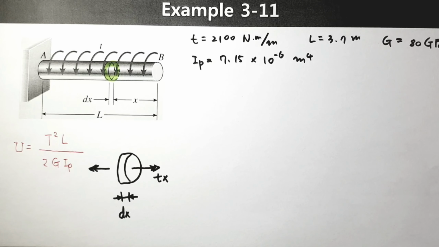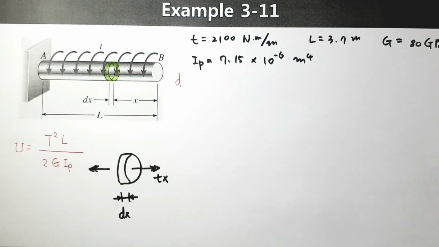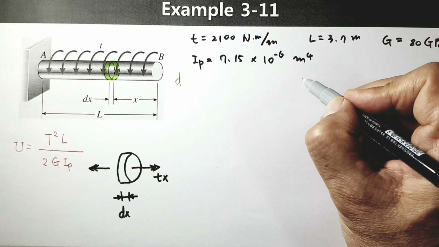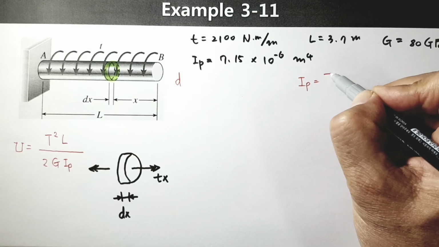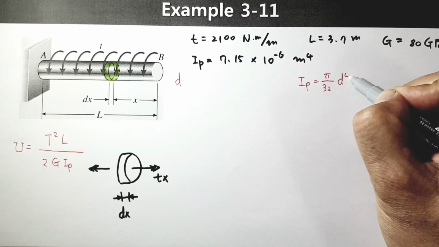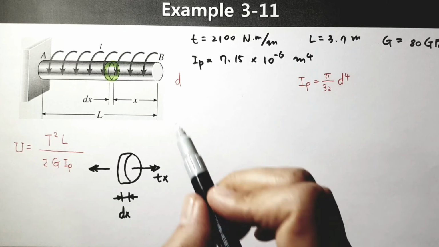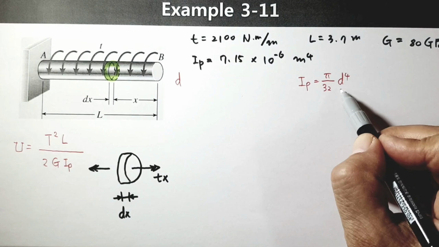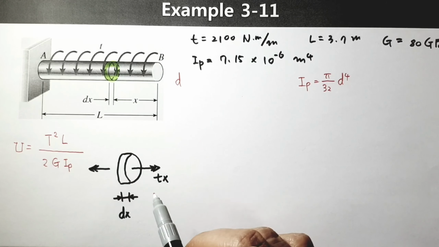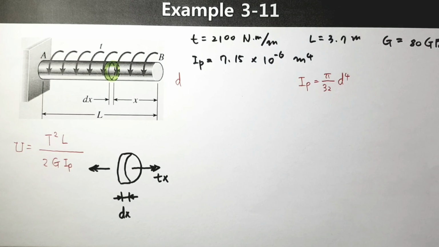When we assume the diameter is d, the polar moment of inertia can be easily calculated: IP equals pi over 32 d to the power 4. When you apply this kind of formula, you can calculate easily. And here, the cross-section area itself is not changing. The only thing changing is this distributed torque.